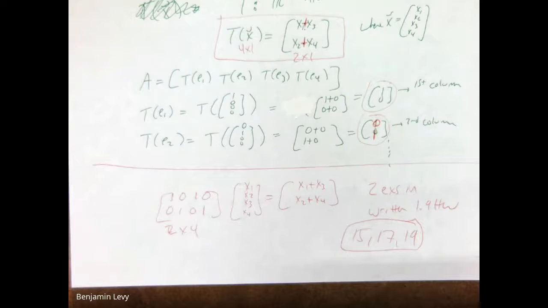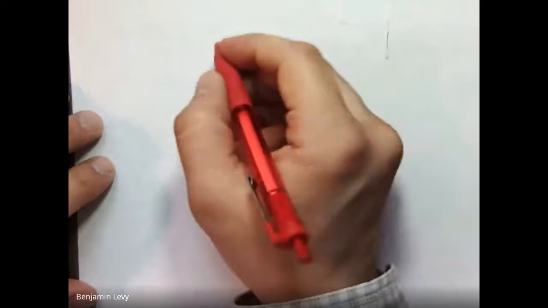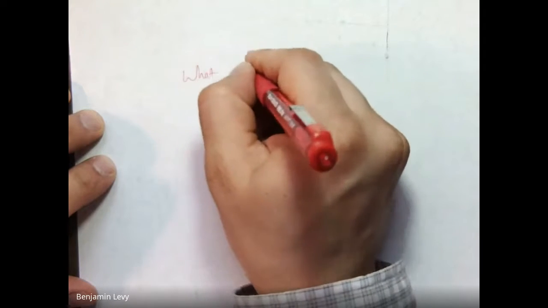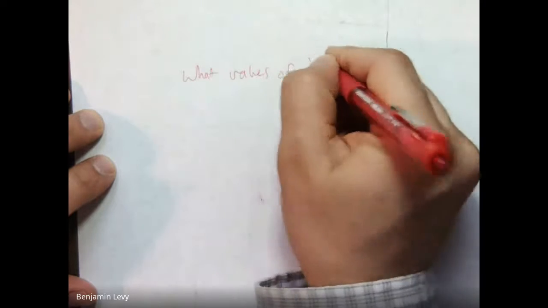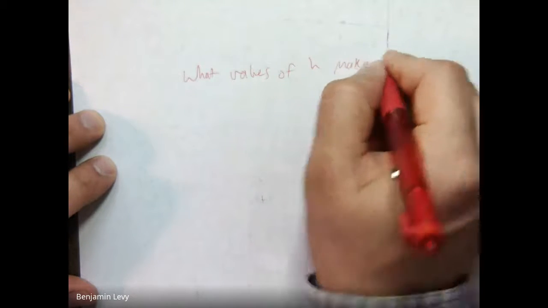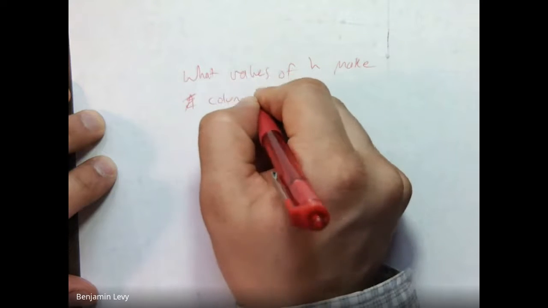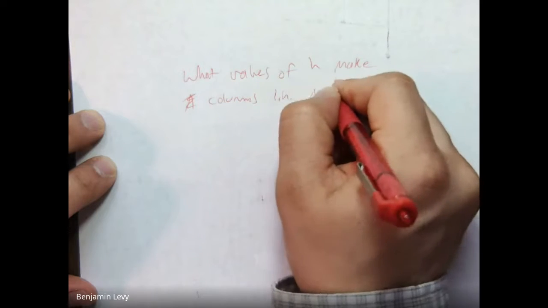I am going to ask you to reduce one matrix by hand, and it's going to be one of those h-k type questions. This is just an example, I'm just making this up, but like: what values of h make the columns linearly independent or something like that.